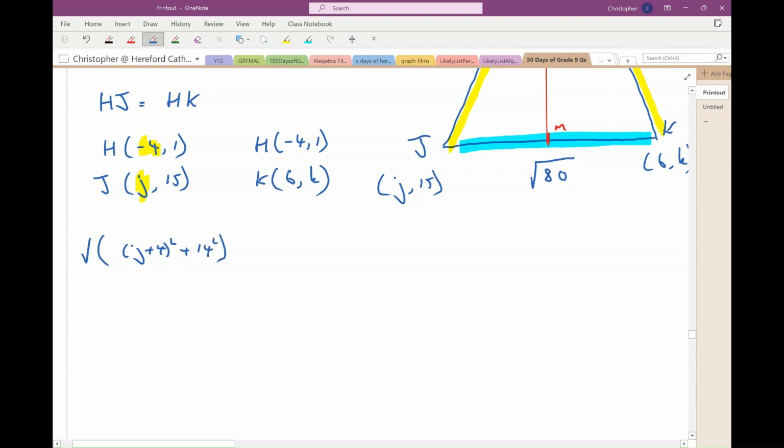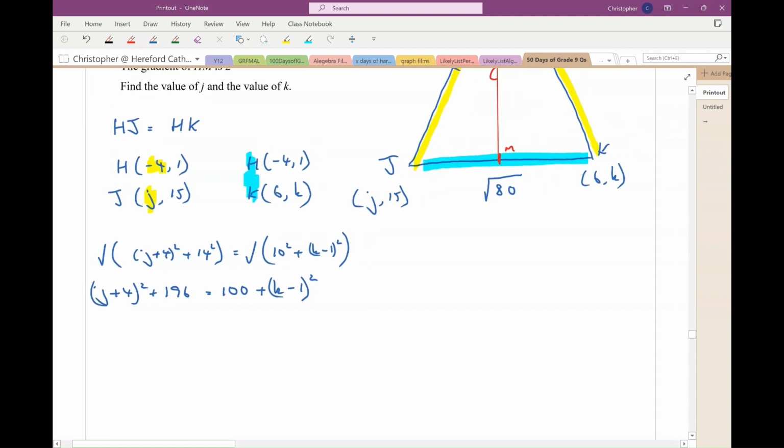So I know that the square root of that is equal to, now let's write an expression for the distance between H and K. Let's do bottom minus top again. 6 minus -4 is 10, 10 squared, plus (k minus 1) squared. There we go, let's square both sides. So I know that (j plus 4) squared plus 196 is equal to 100 plus (k minus 1) squared. Let's leave that like that for the time being.